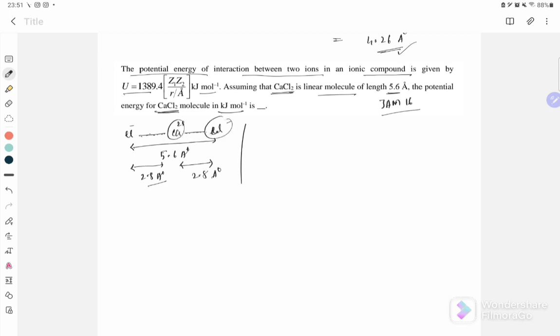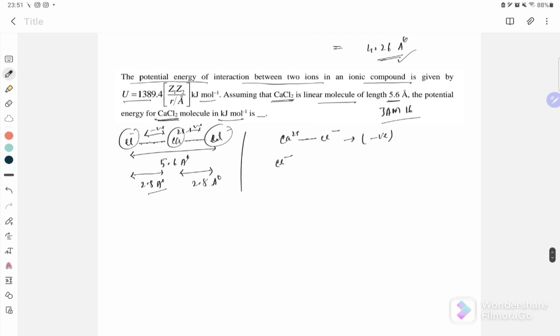The potential energy between Ca2 plus and Cl minus is negative, because that is the attraction force between cation and anion.